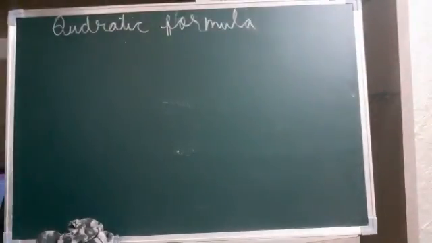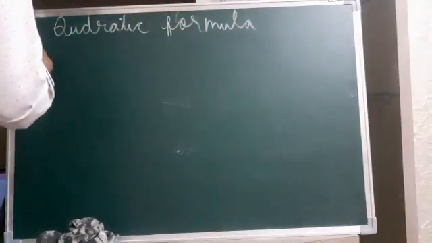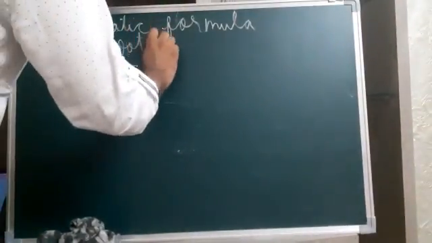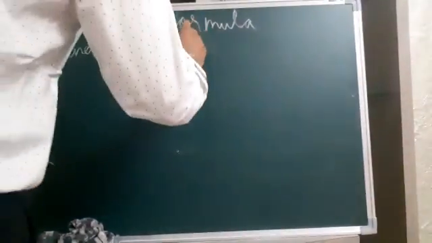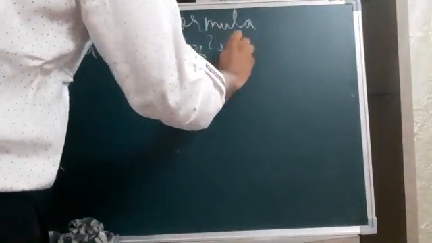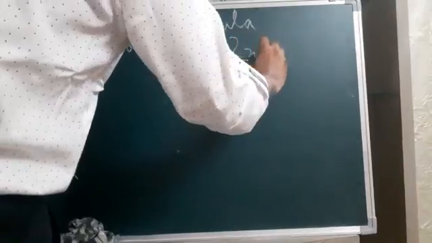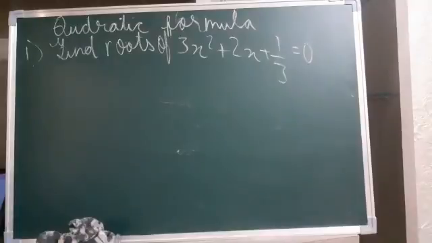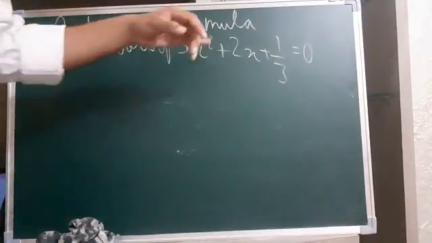Now we'll find the roots of an equation. So we take an example. Find the roots of 3x square plus 2x plus 1 by 3 is equal to 0.